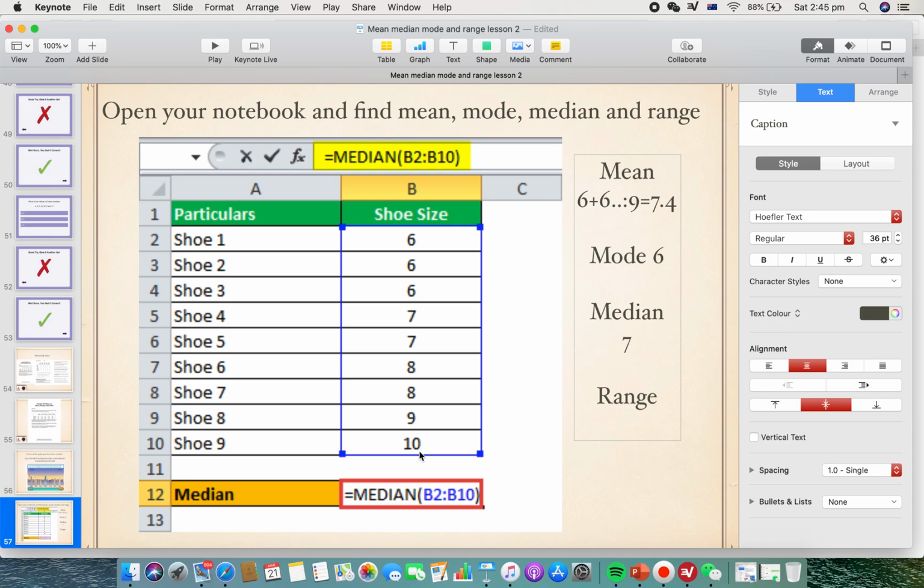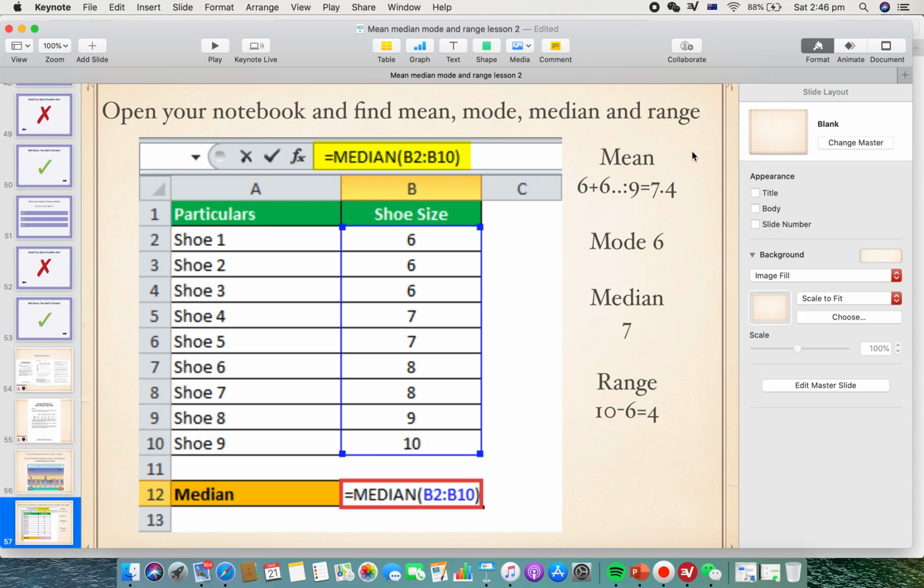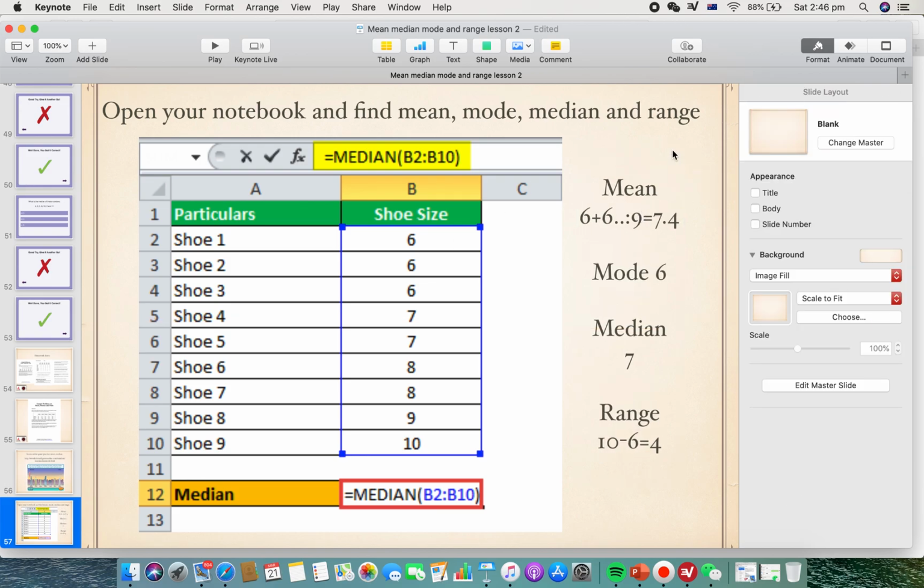Range, the difference from the highest, which is 10, the lowest, which is 6. So it should be 4. Now hopefully you guys got this all right. I'm just gonna double check the mean. I think I'm right. So the mean or average shoe size is 7.4.